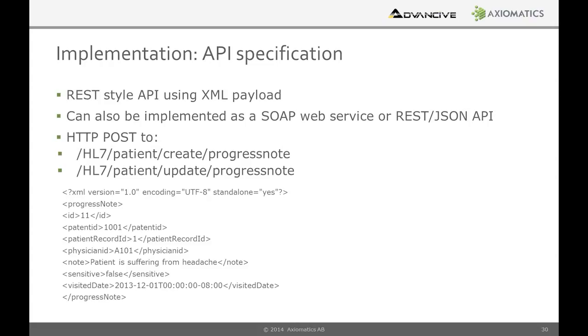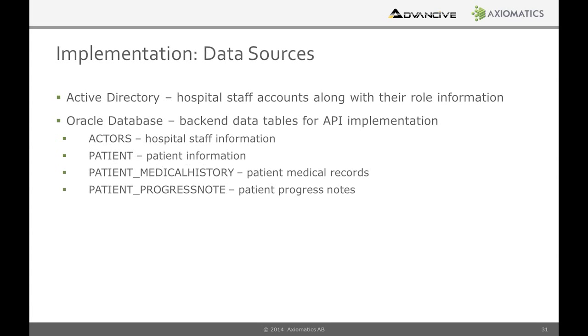As far as data sources, we have a couple of data sources as part of this demo. One is the actual Active Directory that has the hospital staff accounts, and Active Directory also holds their role information as one of the user attributes. And the rest of the data is really in the Oracle database, and there are a few tables that are of interest for us for this particular demo.